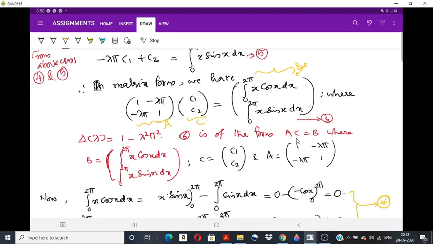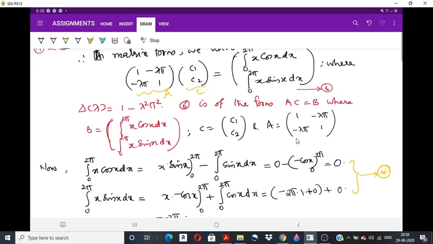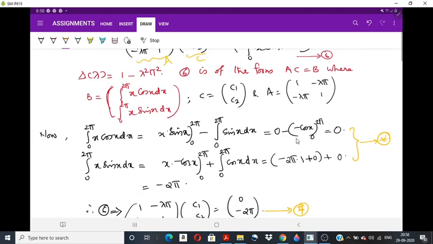Now for determining the nature of C1 and C2, first we calculate the integrals in the matrix B. Integral 0 to 2 pi x into cos x dx, by applying integration by parts, we will get as 0, and integral 0 to 2 pi x into sin x dx, when we calculate the value, will be minus 2 pi.